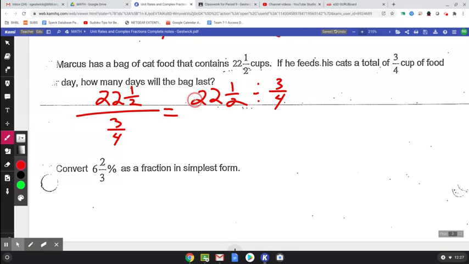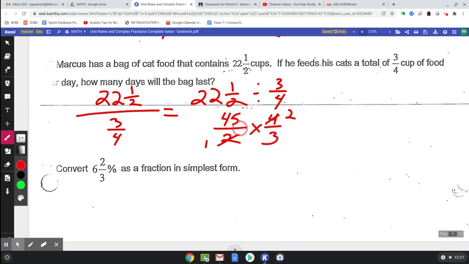All right, let's make this improper. 22 times 2 is 44, plus 1 is 45. You can do your change flip to the reciprocal. Can I reduce anything? Yes, look at the 2 and the 4. I can divide those both by 2. Nice.